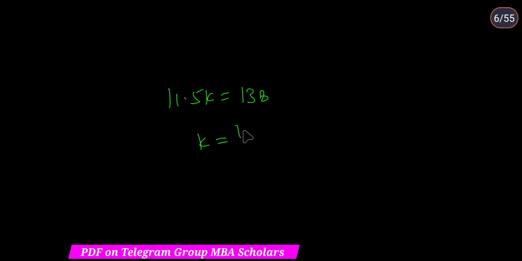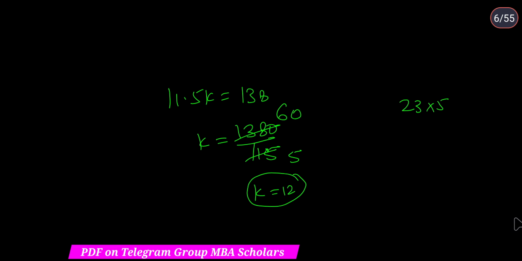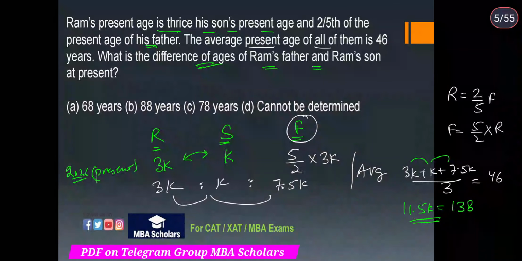So k is 1380 divided by 115, because when I remove the decimal we have to add an extra zero in the numerator. 23 into 5 is 115 and 23 into 6 is 138. So the value of k will be 12. I hope it is clear.